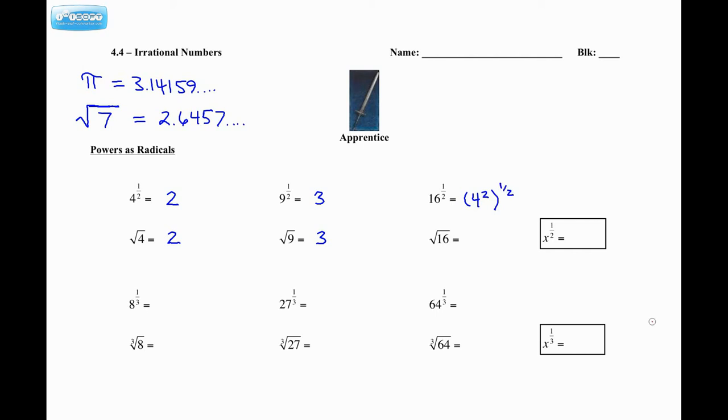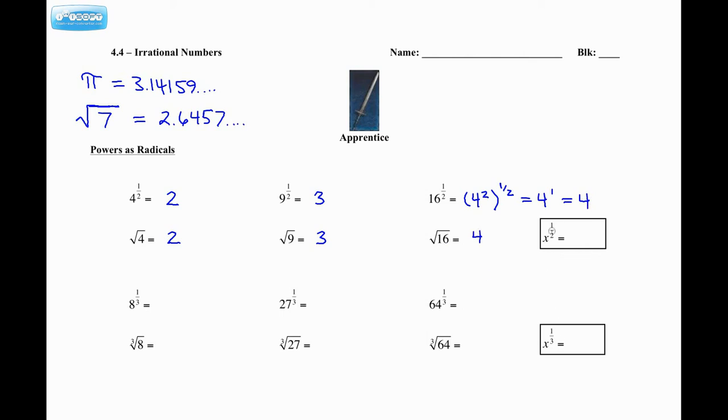But you know from your exponent laws that now we can multiply these exponents together. So 2 times 1/2 is just 1, so I don't even need to write it. It's just 4 to the 1, or 4, which is the same thing you get when you take the square root of 16.